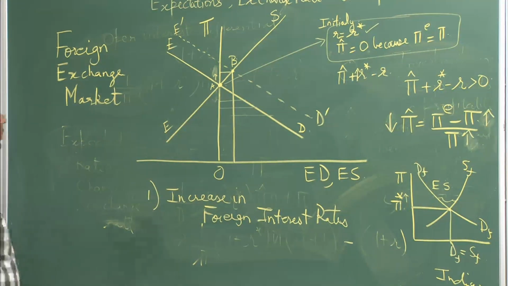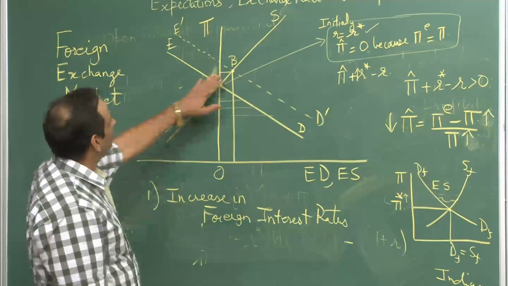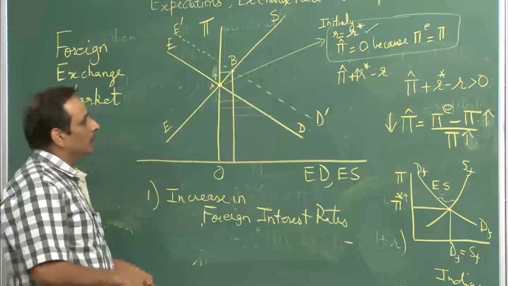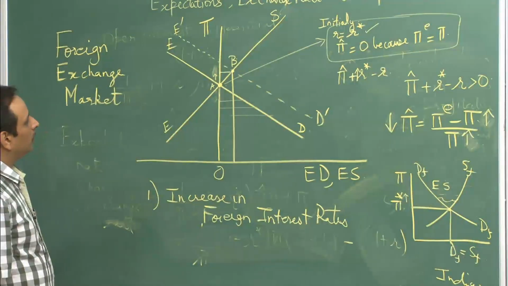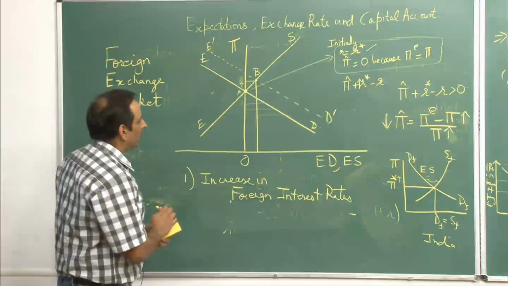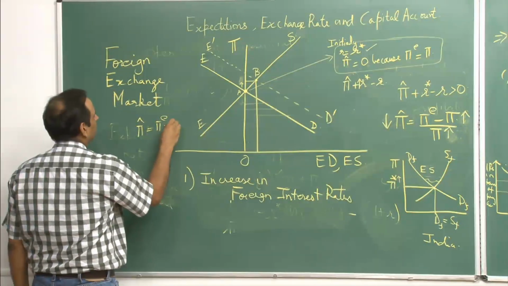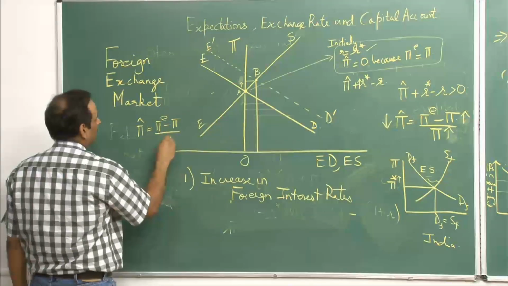At point B, you can see that the open interest differential holds, because pi hat is pi E minus pi by pi.